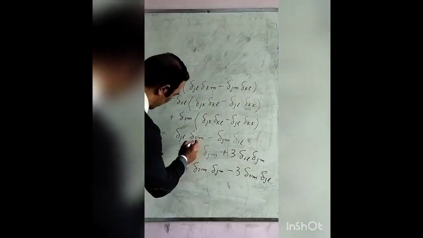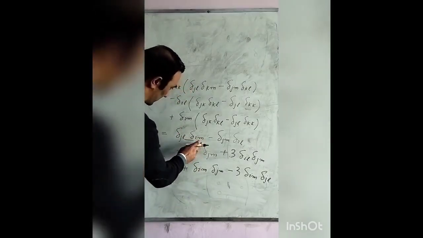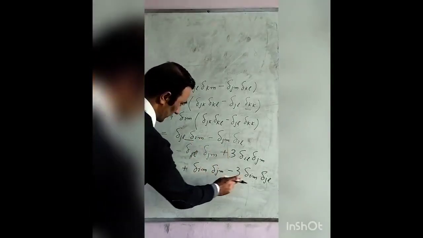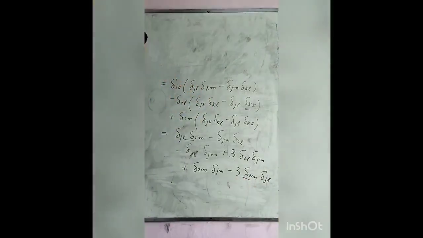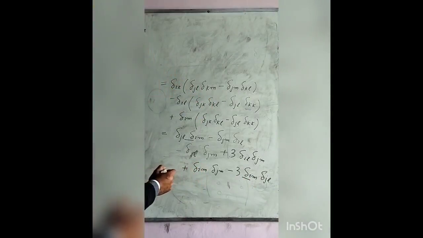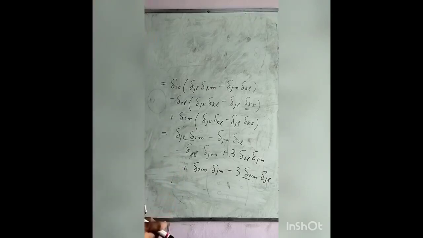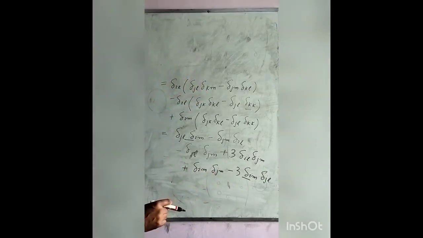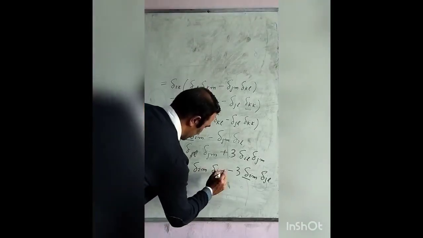First, you can combine the underlined terms, that is delta jl delta im, and one more term, this term delta jm delta il. Sorry, this was delta jl, I basically made a mistake.